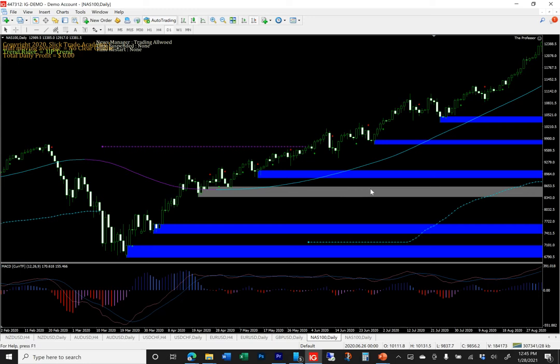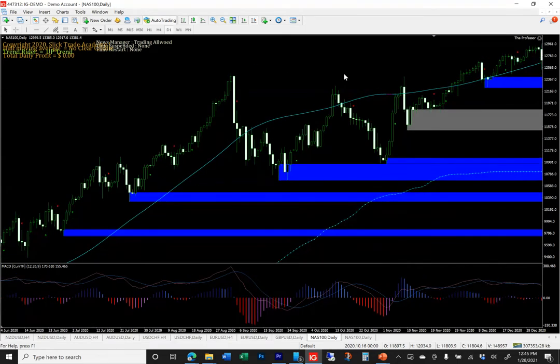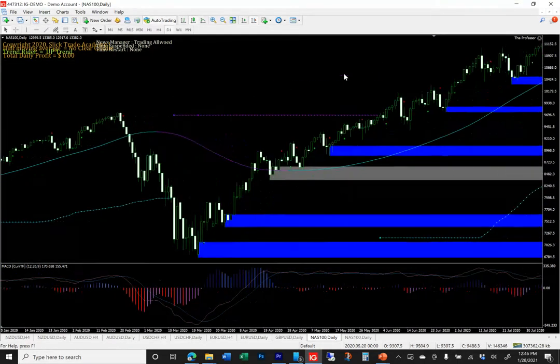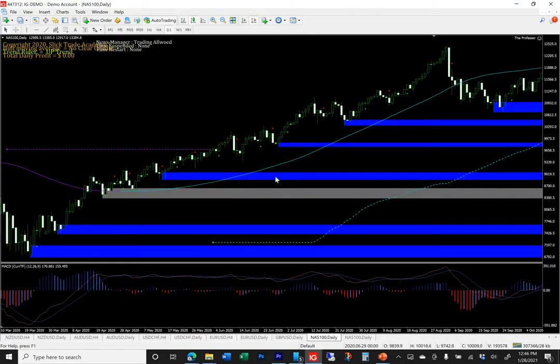These blocks of colors, you're going to see red, blue, gray, and I think there's one other color that comes up every now and then. I just haven't seen it in a while. I think there's like green that comes in there, but that is supply and demand zones. Okay, so this right here is a zone. It's very similar to support and resistance, except support and resistance are going to be lines, okay?